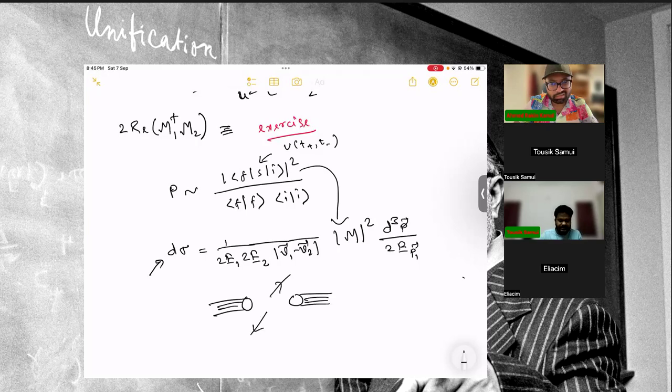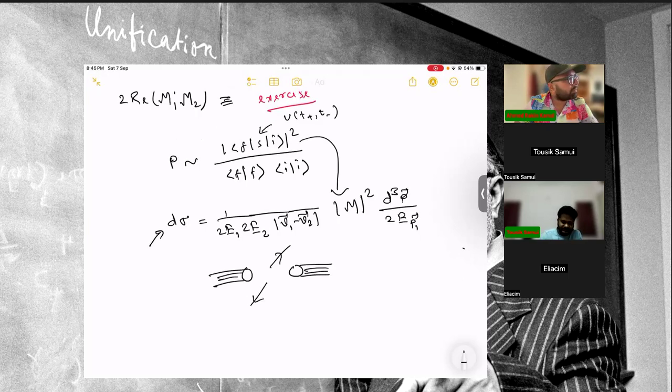The differential distribution is given in this d sigma. In order to calculate how they will be distributed, a factor that comes inside this probability distribution is the matrix element squared, or the scattering amplitude squared.